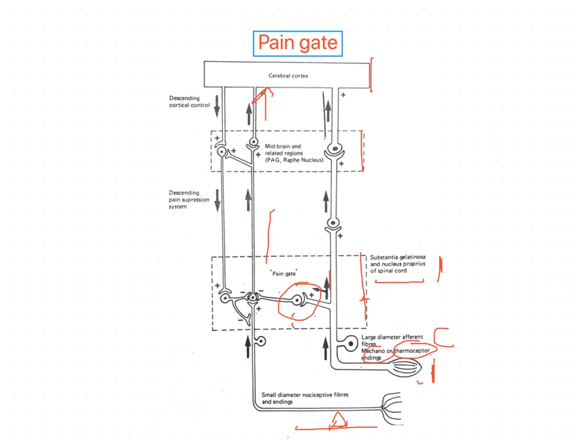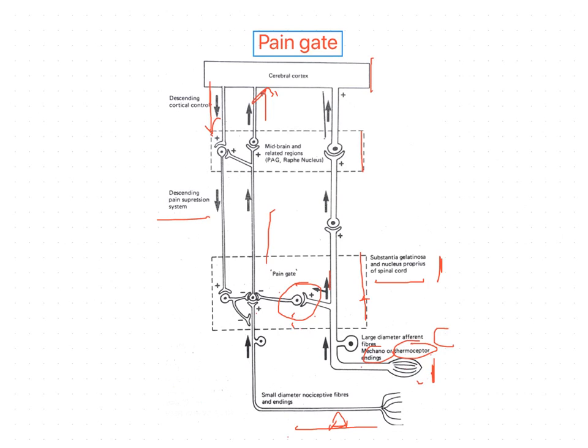As this stimulus passes through the brainstem, it again receives the stimulus and passes on, so there is descending cortical control. From the cerebral cortex it receives the pain impulses. Then what happens? As the stimulus passes through the brainstem, it may cause an interaction between the periaqueductal area of grey matter and the raphe nucleus in the midbrain. These nuclei form part of the descending pain suppression system.